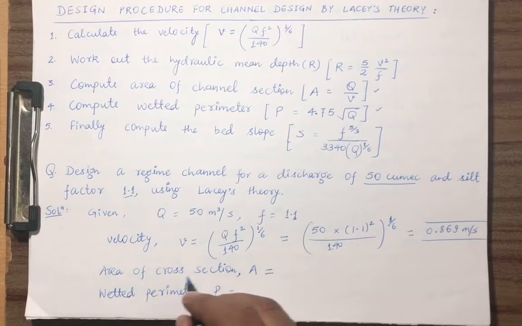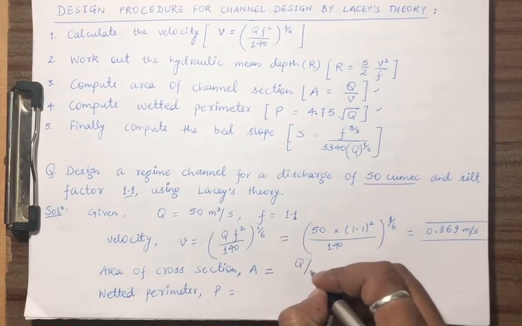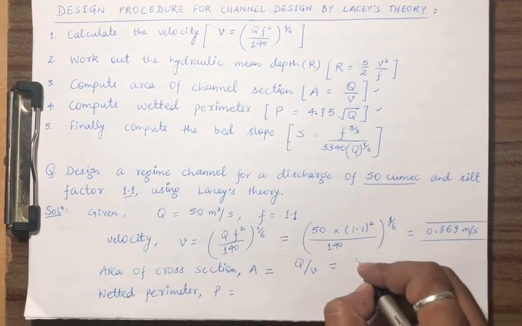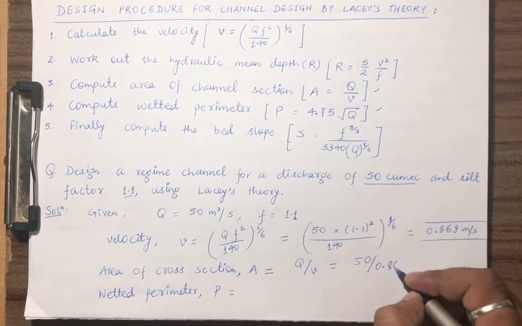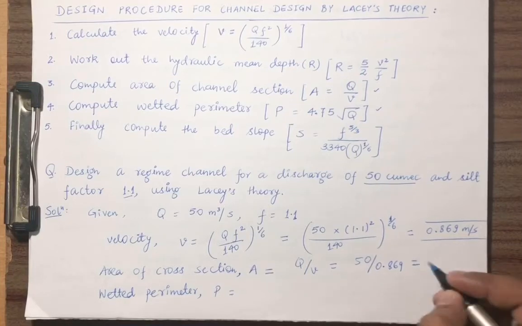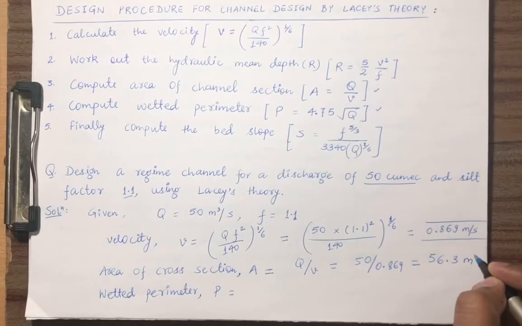Now the area of cross section is Q by V. So Q is 50 by 0.869. It is coming 56.3 meter square.